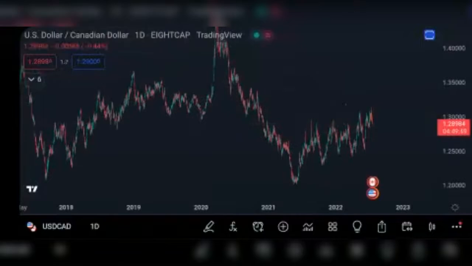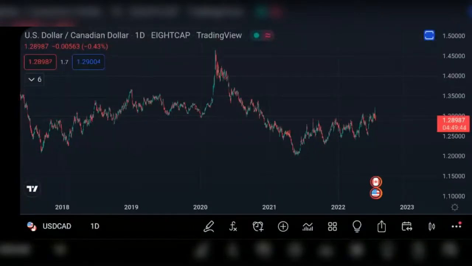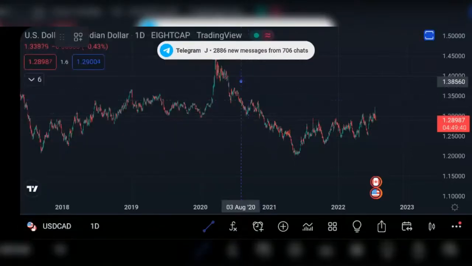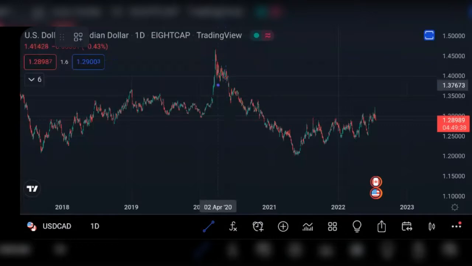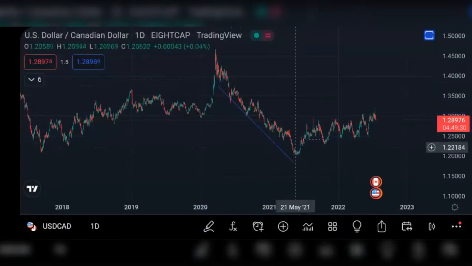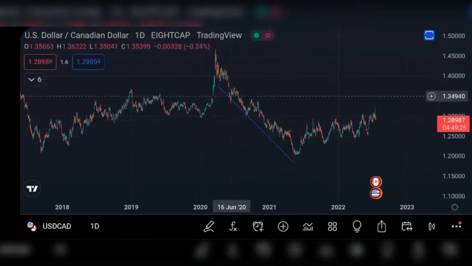On the daily time frame, we can clearly see that USD CAD is bearish, because it is busy making lower lows before this move up.